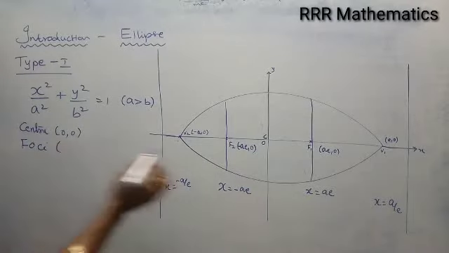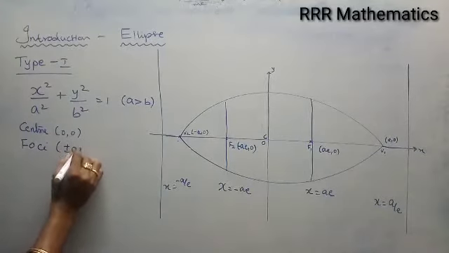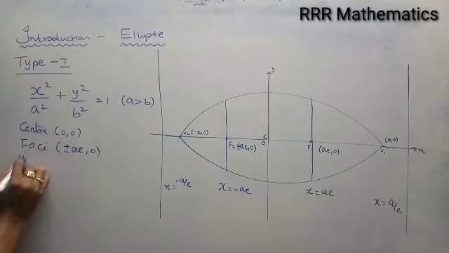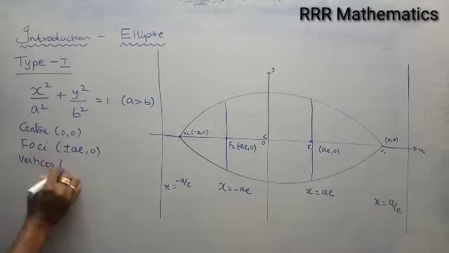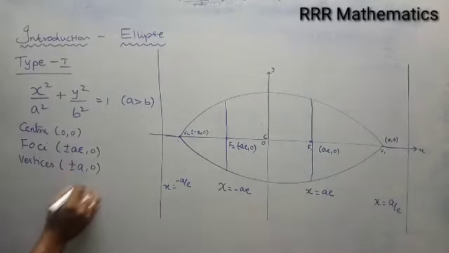Foci, two foci F1 and F2, plus or minus ae, 0. Vertices V1 and V2, plus or minus a, 0.